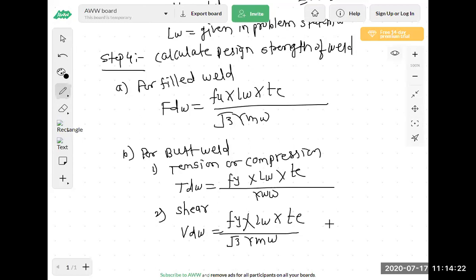That's it. This is the procedure for the load carrying capacity of the welded joint.